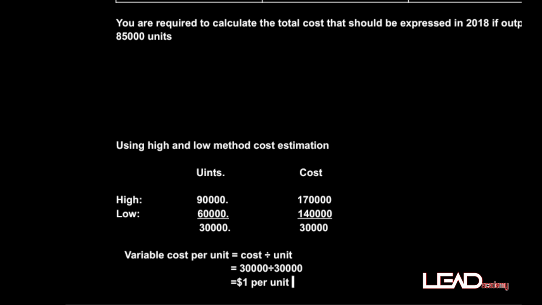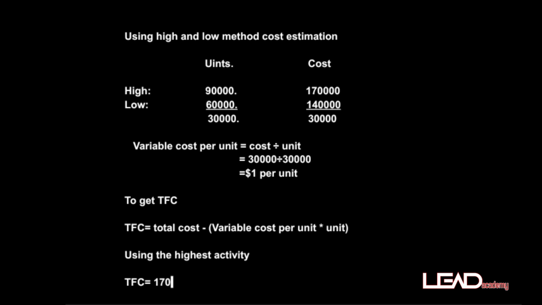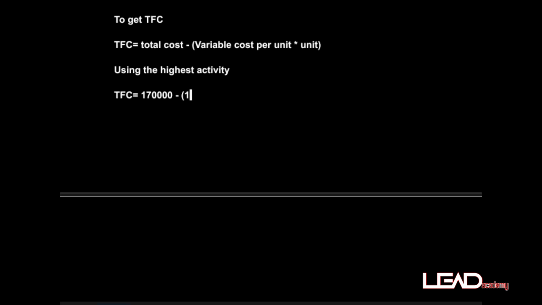Since we have gotten our variable cost per unit, the next thing to get is your total fixed cost. To get total fixed cost, you subtract your total variable cost from your total cost. The total cost in the highest units was $170,000 minus $1, our variable cost per unit, multiplied by the units produced, which was 90,000 units.